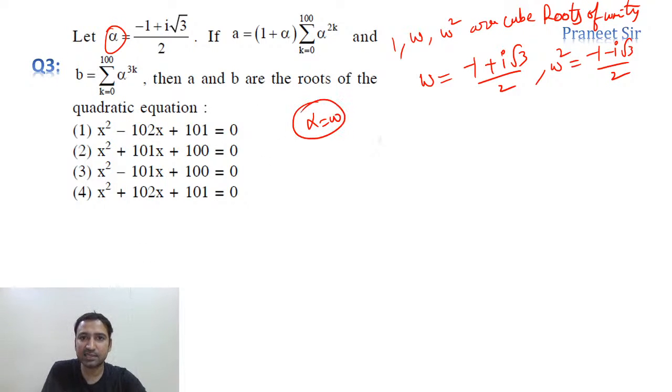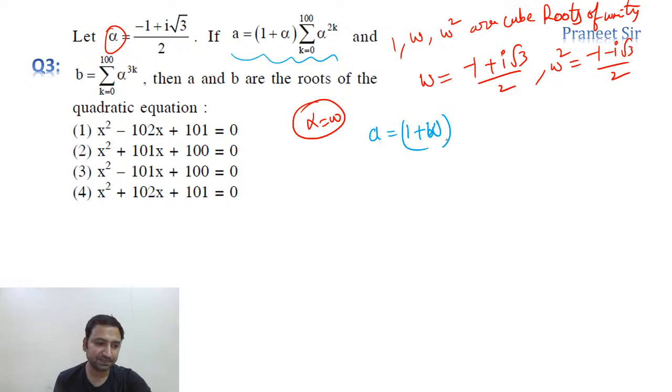And now he's asking for the value of a. What is this a value, guys? A is equal to 1 plus alpha, and 1 plus alpha means directly I am substituting omega, guys. Yes, Sweta, these are 2020 January previous year questions.